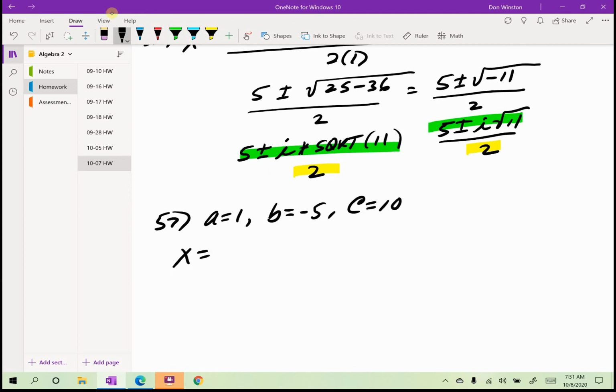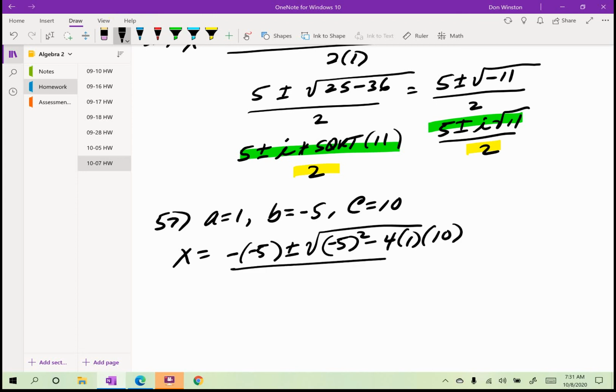So x equals negative b, negative 5, plus or minus the square root of b squared, negative 5 squared, minus 4 times 1 times 10, all over 2 times 1.